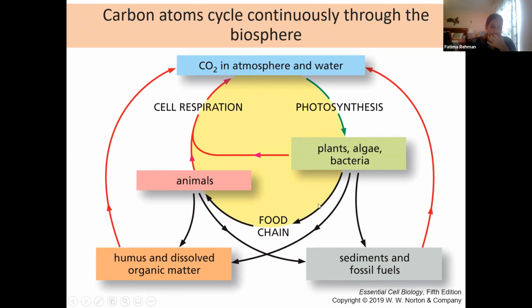So at the end of the day, one of the things that we will notice about living things is that all living things require carbon in some form or another. And these carbon atoms are constantly cycling through various phases of life and various phases of the energy cycle in the biosphere.